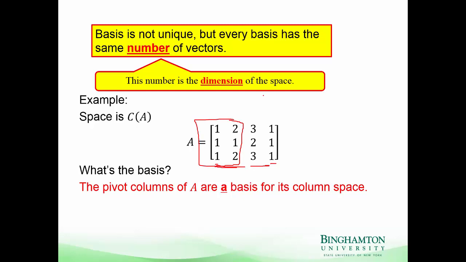If you were to do row reduction for this, you would find that the pivots are in column 1 and column 2. What's the dimension of the column space of A? Even though it's embedded in R3, it's a two-dimensional space, a plane, because only two vectors span it.